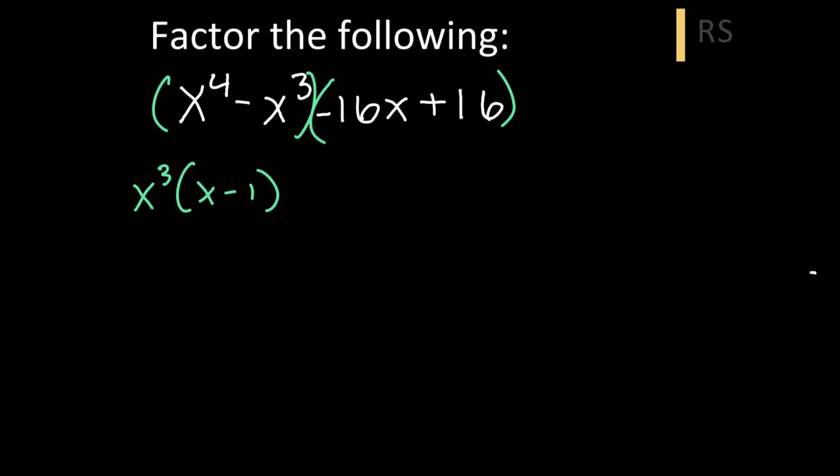Wonderful. And then what can I take out of the second 2, Dario? What GCF goes into both of these? 16. And I want to make sure the inside is the same as the first inside. So not only am I going to take out a 16, I'm also going to take out a negative. Wonderful. And what am I left with on the inside, Preeti?